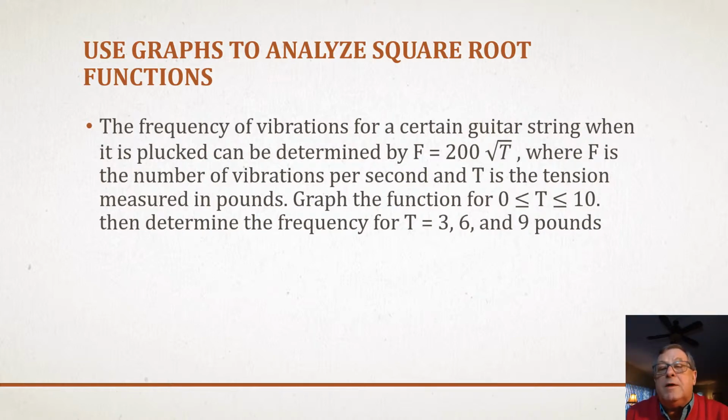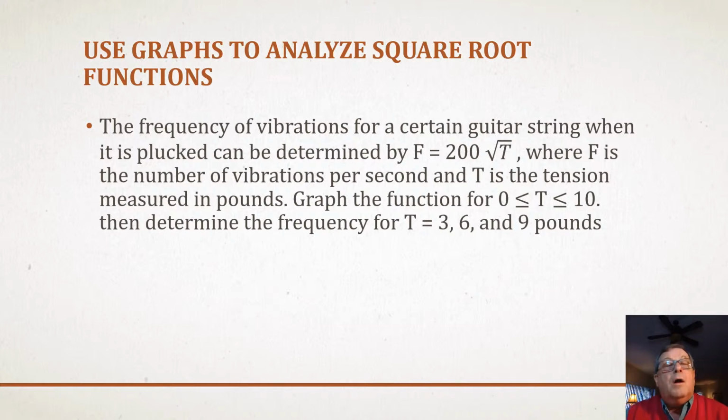That means 3 times 200 is 600 in this model. There's 600 vibrations per second on that guitar string if there's 9 pounds of tension on that string. Kind of interesting to think about that. Those of you maybe that like to play the guitar, or maybe the violin, or the cello, or the bass.